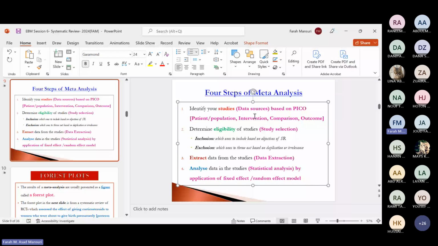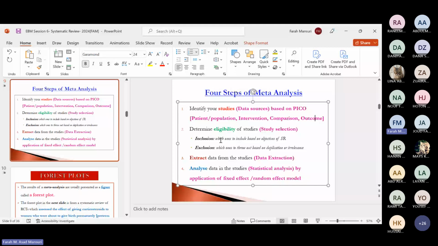Suppose when you go for the identification of studies for that one topic, you may find thousands of articles. But then you apply the eligibility of the study: during which time period, which language you are going to select, whether you are going to select only full text articles. So that actually gives your inclusion criteria.